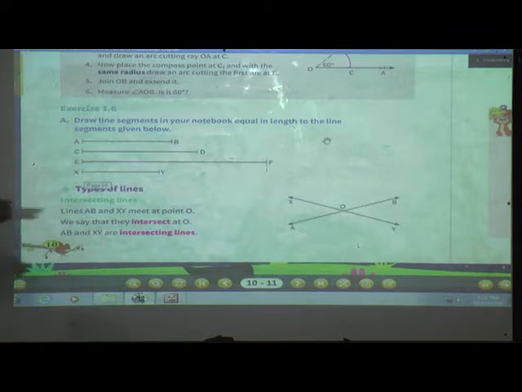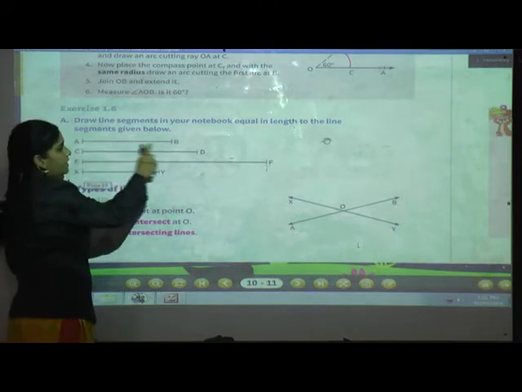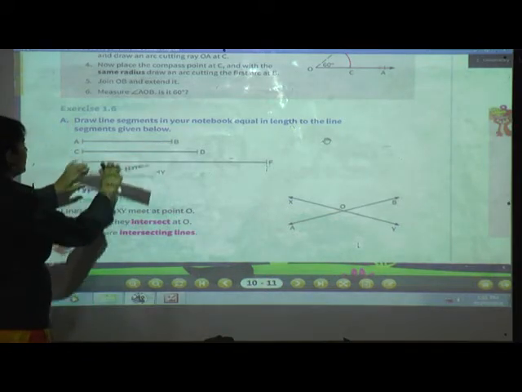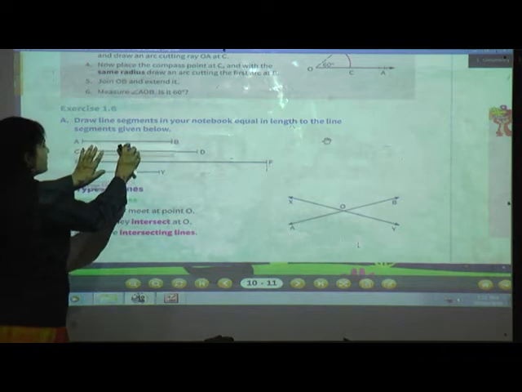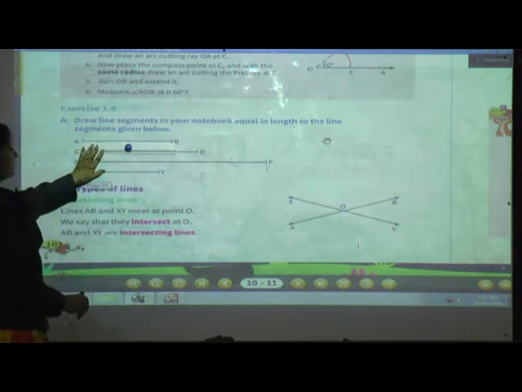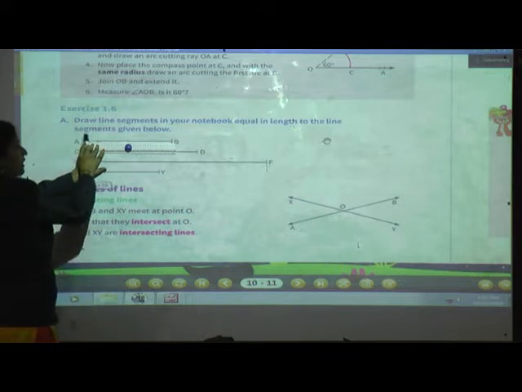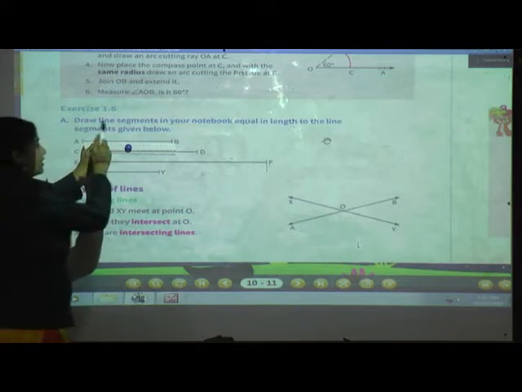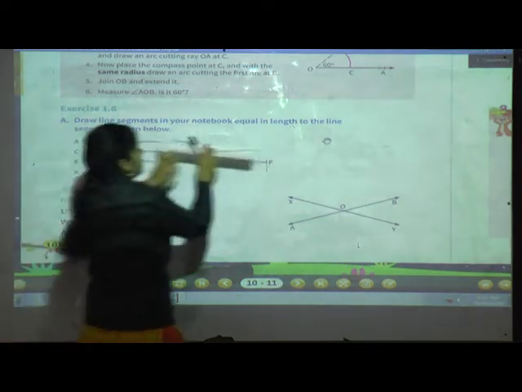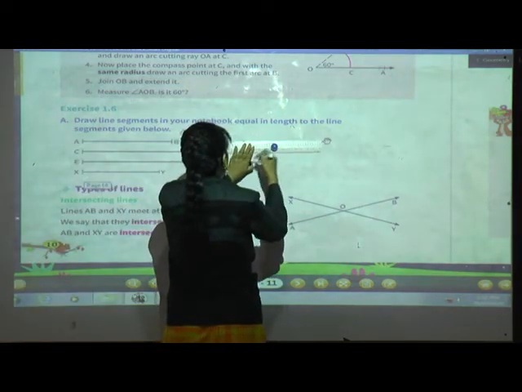See, like this. Here is this segment AB. So measure it with the help of a scale. See, like this. And whatever the measure is, you have to take that measurement and just draw another segment.